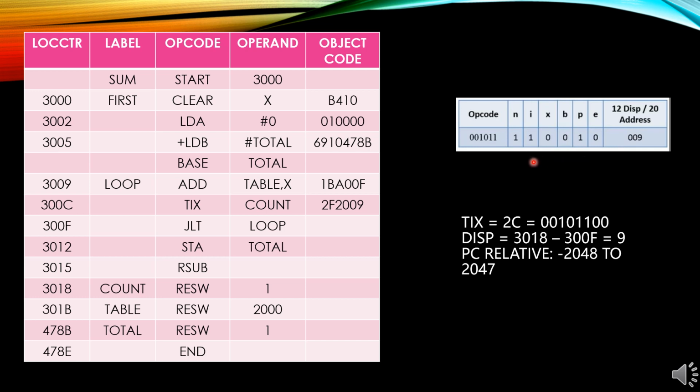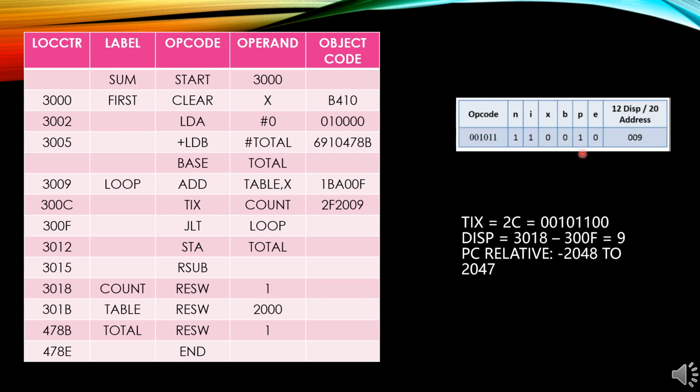So it's not immediate addressing mode as well as indirect, so we put N and I as 1, and since it's not indexed addressing mode, X is 0, and since it's not base relative addressing mode, B is equal to 0, and we check for P, that is if it's program counter relative, and the displacement is 3018 minus 300F. 3018 is count and 300F is the address of next instruction, and displacement is 9, which is in the range minus 2048 to 2047.